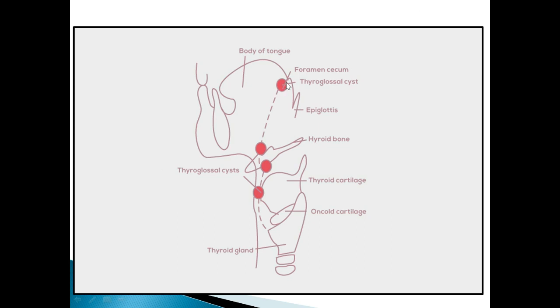So this shows the course of the thyroglossal duct. Sometimes it is arrested at any of the places, which causes lingual thyroid, or in relation to the hyoid bone, suprahyoid thyroid or infrahyoid thyroid. Sometimes only the middle part persists, so it does not develop into the thyroid gland, it develops into a cystic formation called thyroglossal cyst.